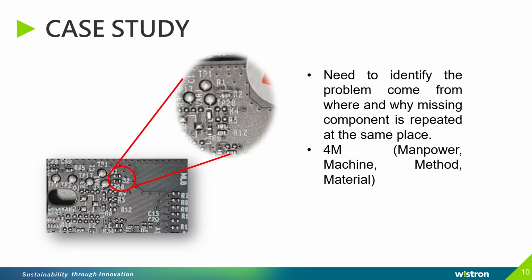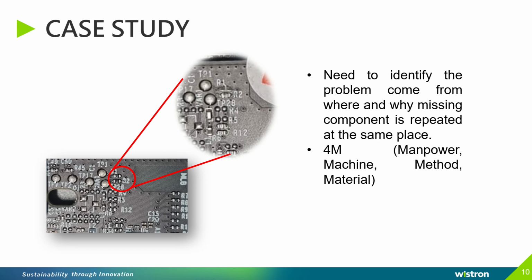So this is the case study that I needed to investigate and identify the problem at the SCI board. The problem is that the component at the R1 location is repeatedly missing at the same place. So the 4M concept is used as a framework to identify and address potential issues in manufacturing and other processes. The first M is manpower.